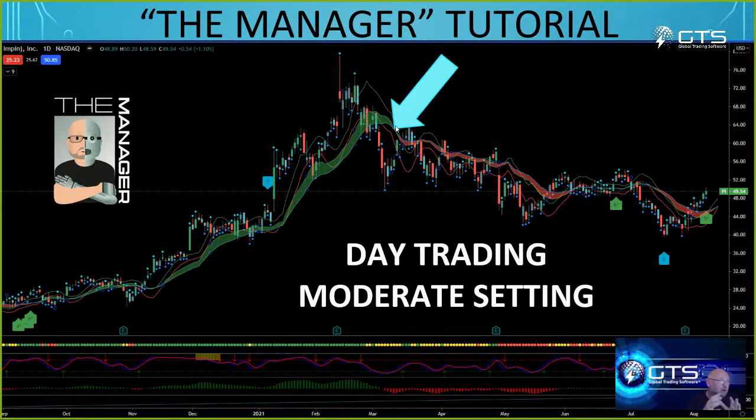So there are options. If you didn't get out aggressively, you can take it down 2 levels to day trading moderate and give it a little bit of time to see if it runs out of juice to the downside and resumes the main bullish trend. Because you don't know what's going to happen, absolutely not. All we can do is use these tools to maximize our profits.